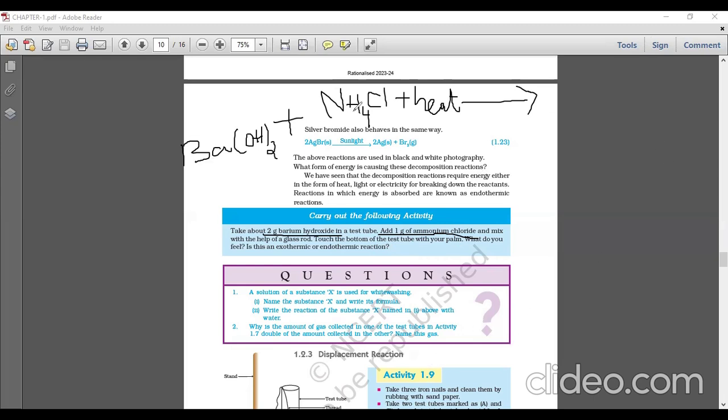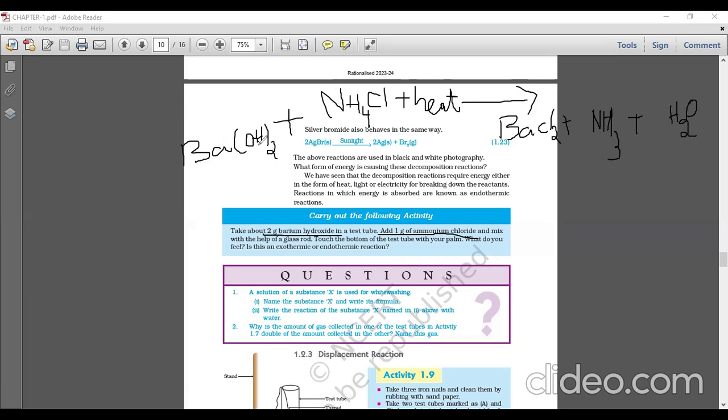Barium hydroxide, when you add ammonium chloride solution, heat is absorbed, and then it gives us barium chloride plus ammonia and water. This is the final result.